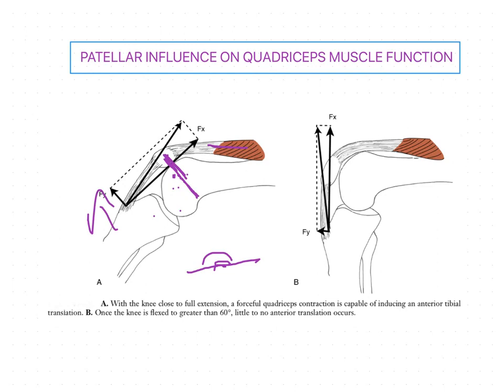The passive force that reduces this anterior translation force imposed by the quadriceps is provided by the anterior cruciate ligament. The anterior cruciate ligament represents the most prominent passive restraint to the anterior tibial translation imposed by the quadriceps.